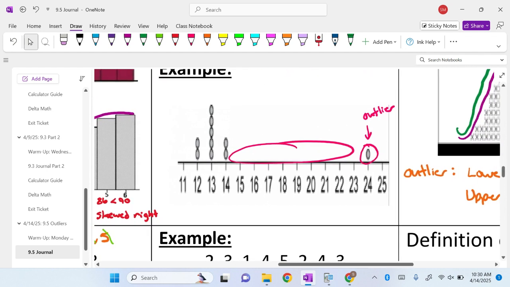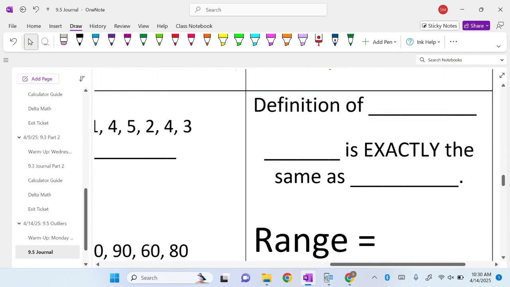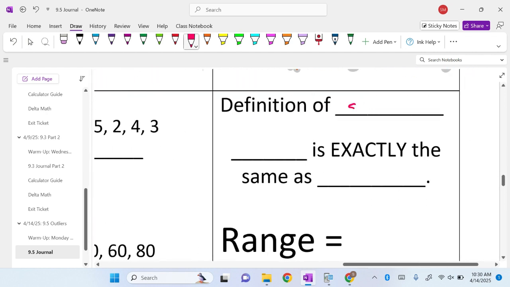All right, last thing we're going to talk about is spread, and this one's really quick. With spread, we're basically talking about how many numbers could possibly be considered appropriate data points.